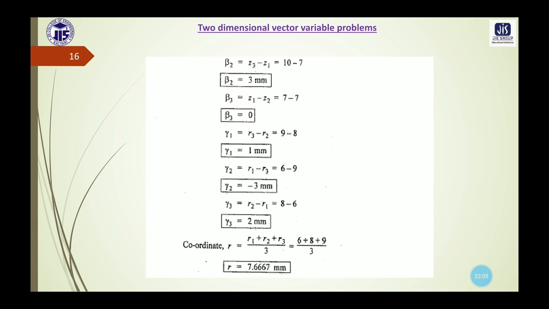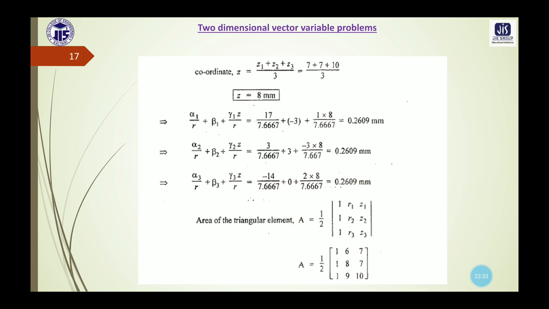Now we need to calculate the value of R and Z, these coordinates. The formula to calculate the value of R is R1 plus R2 plus R3 divided by 3. The values of R1, R2 and R3 are given in this numerical, which are 6, 8 and 9 millimeter. So the final value of R we are getting is 7.6667 millimeter.